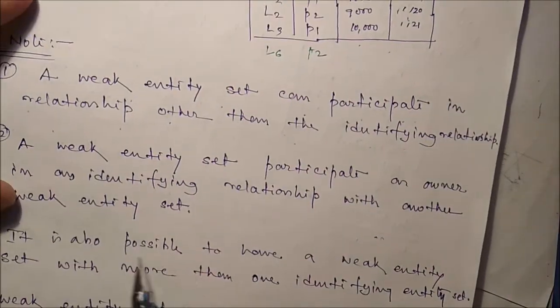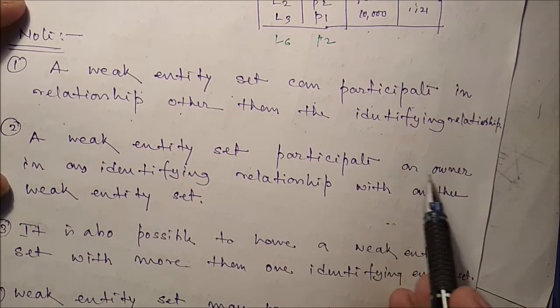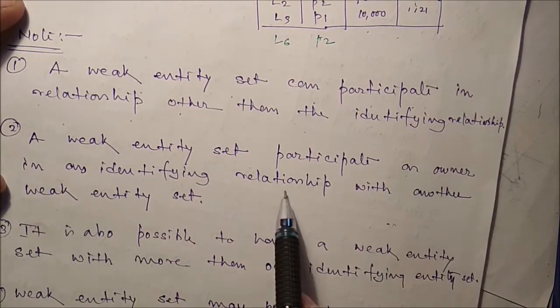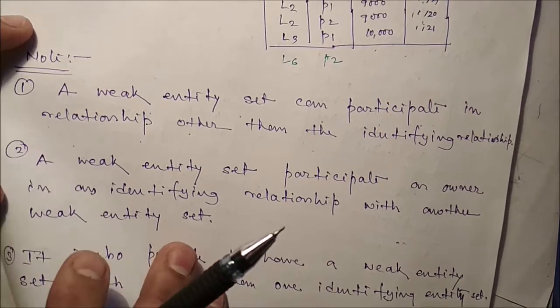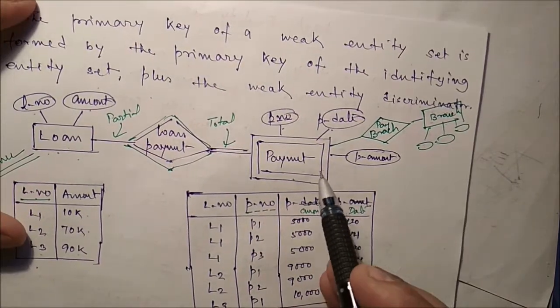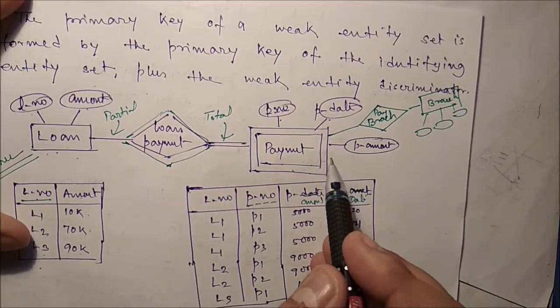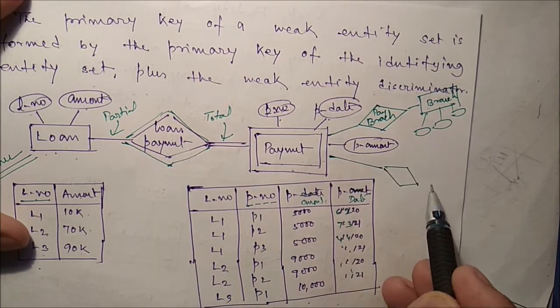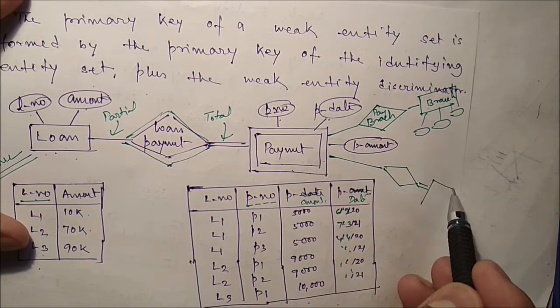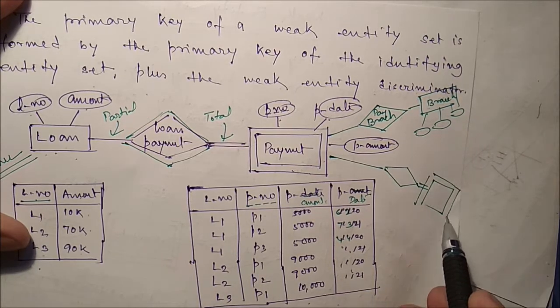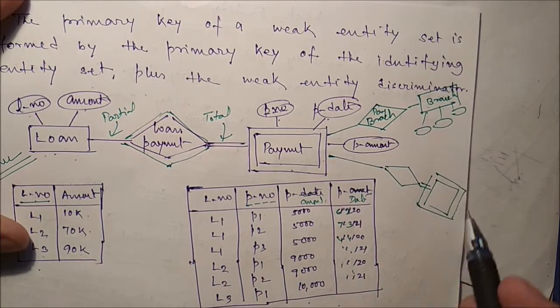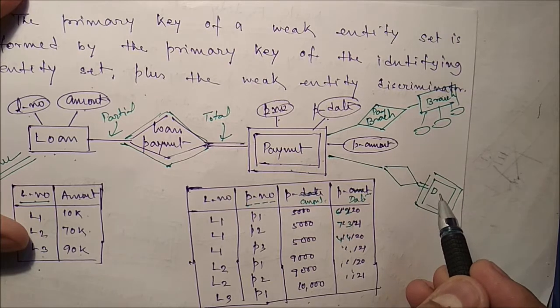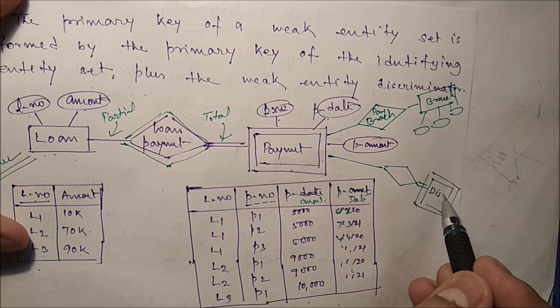Okay, next is, a weak entity set participates as owner in an identifying relationship with another weak entity set. Now it may be possible this weak entity set is an owner of another weak entity set. Are you getting this one? Say it is a discount or something else.